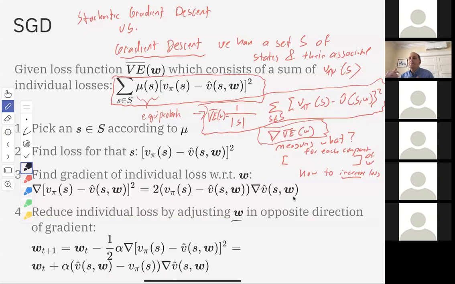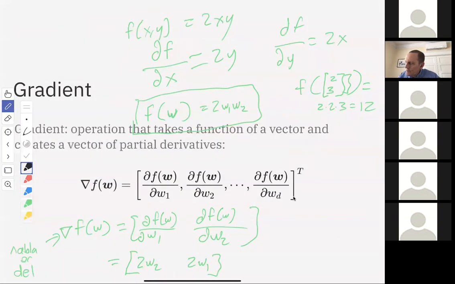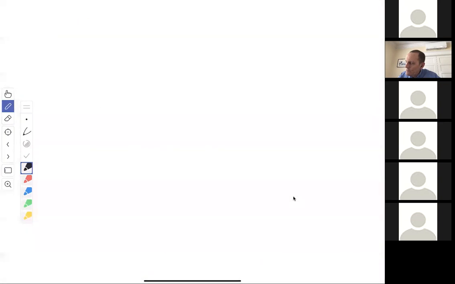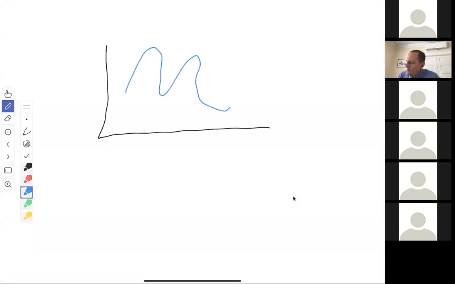We've got a gradient. How far do we want to go? So let's say in this two-dimensional case, we're here. Our gradient tells us what direction is up. We want to go down, but how far do we want to go?